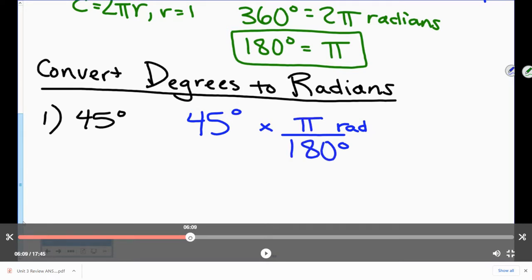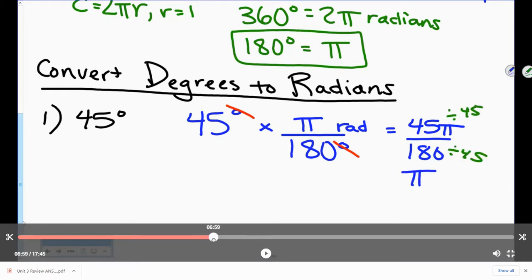So I put pi radians over 180 degrees. So that would cancel out my degrees, and I'd be left with 45 pi over 180. You will want to simplify these fractions. So then I'll need to divide each by the greatest common factor, which would be 45. So that would leave me with pi over 4 radians.